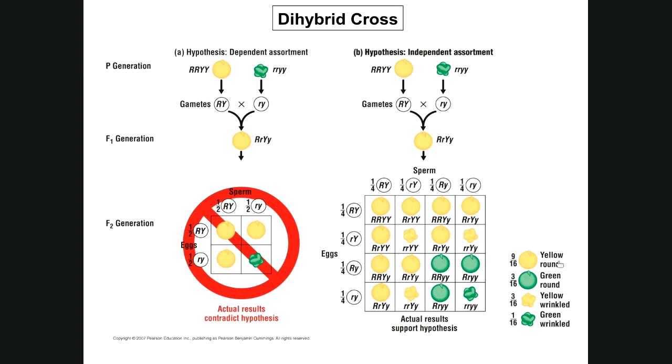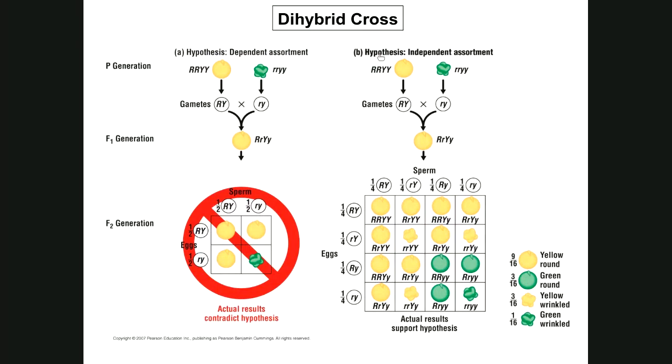Jumping down here to the bottom, on average for every 16 plants he analyzed, 1 would produce seeds that are green and wrinkled. Both of these are recessive traits. Green is recessive for seed color, wrinkled is recessive for seed shape. It was these 2, the 3 and 3.